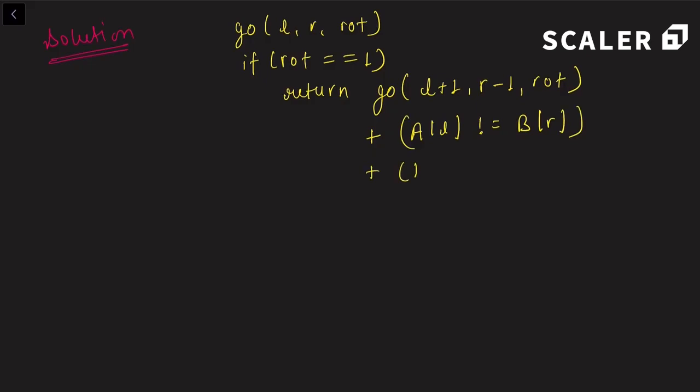Similarly, we'll compare the last character of our first string with the first character of string B, right? So that's how we are going to solve it if we have already rotated the string.